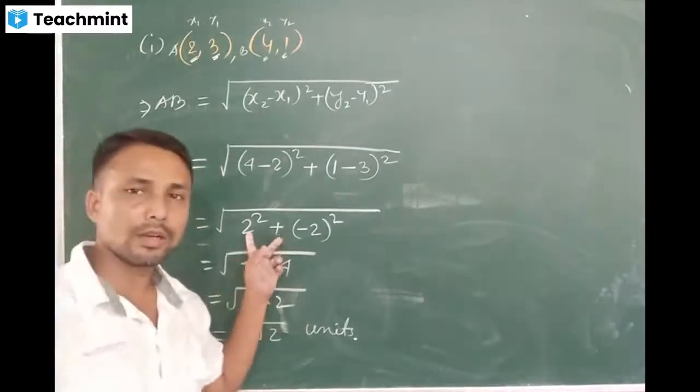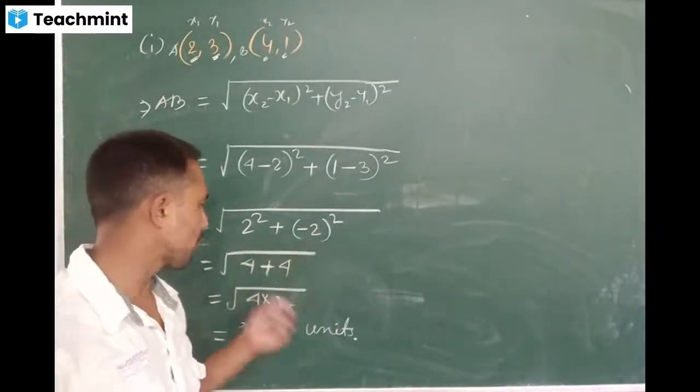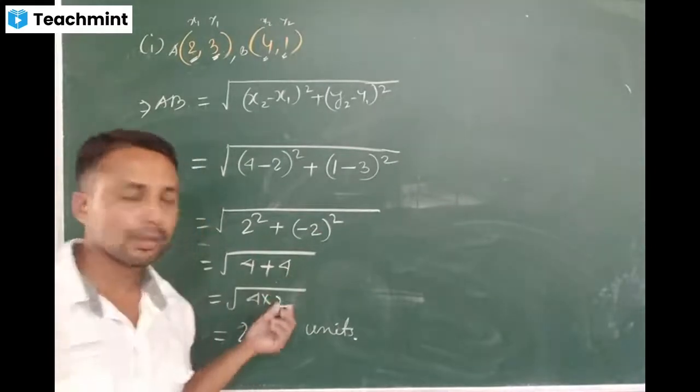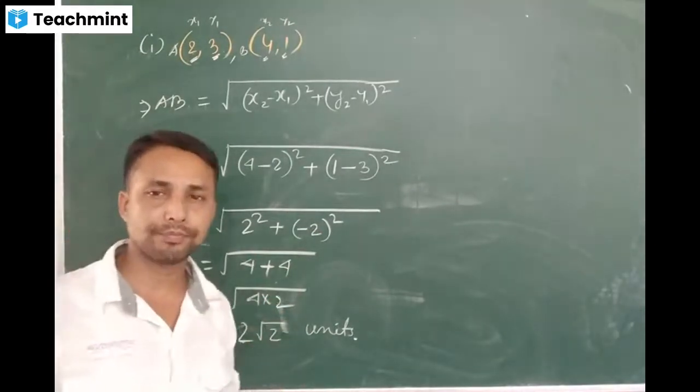So 2 square plus minus 2 square is 4 plus 4. We can of course write 8.